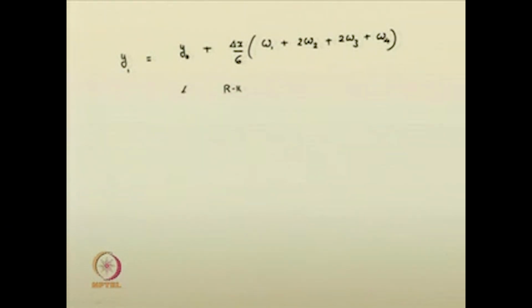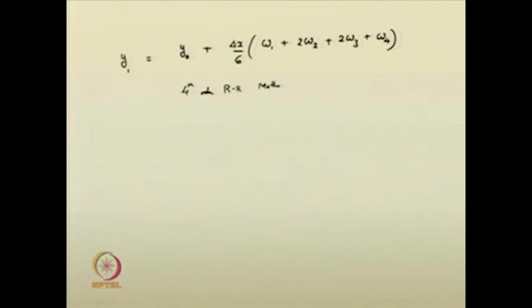Y 1 we have to compute, and it can be obtained as y 0 plus del x by 6 into (omega 1 plus 2 omega 2 plus 2 omega 3 plus omega 4). This is our fourth order RK method, and you have to compute omegas.